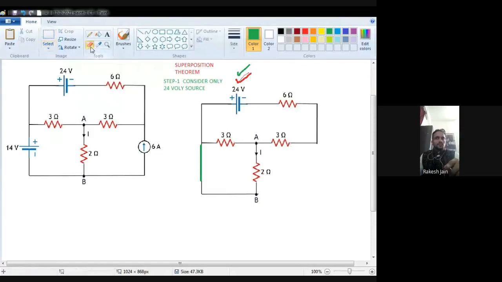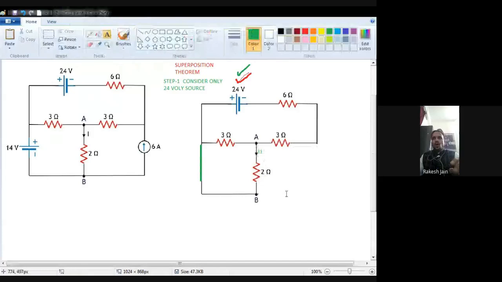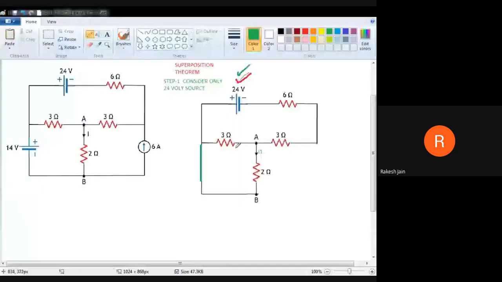So step one is: consider only the 24 volt source. The other two sources should be removed. How can you remove them?